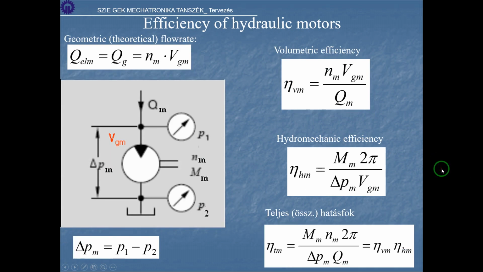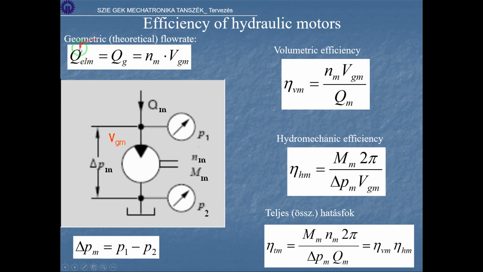Okay, the hydraulic motors are almost the same, but you can easily understand that if you have a hydraulic motor which will provide mechanical energy based on hydraulic energy, you have to put more hydraulic energy in to receive the same energy on the mechanical side. So here the equations will vary a bit, but only the top side and the bottom side will change places.